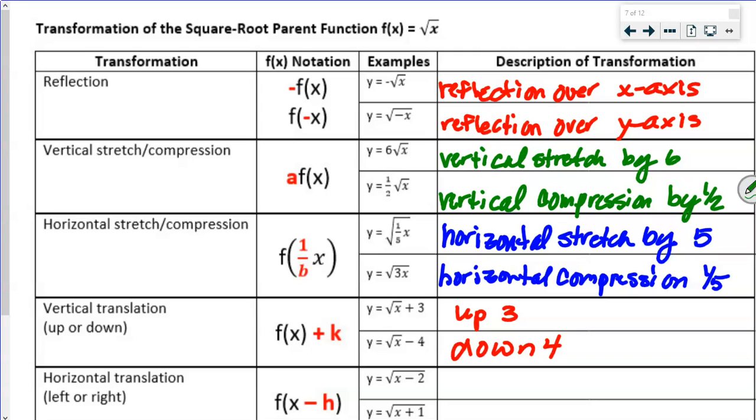It's x minus h, right? So if it's a negative, then it's going to be right 2. And if it's a positive, it's going to be left because it's really a negative by 1, okay? All right, now we're going to talk about domain and range.